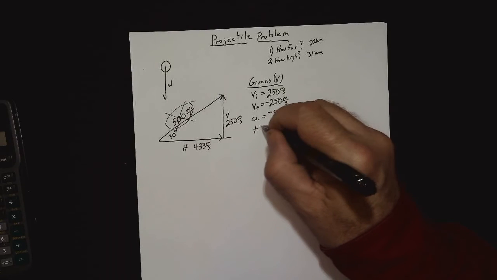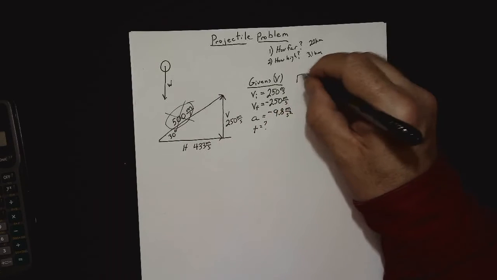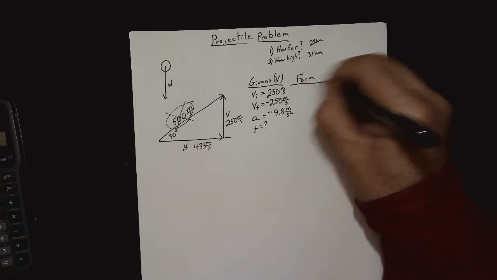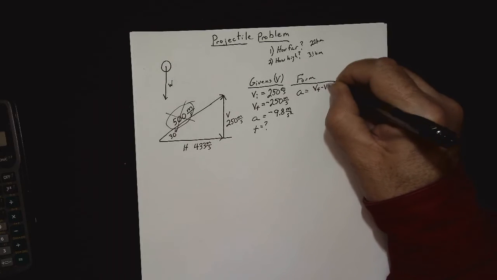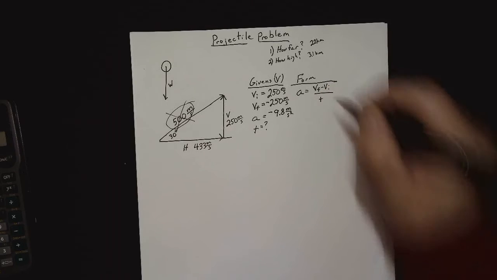And we want to know the time. So the formula, we're back at a nice simple formula. Acceleration equals the change in velocity, and change in velocity is VF minus VI over t.